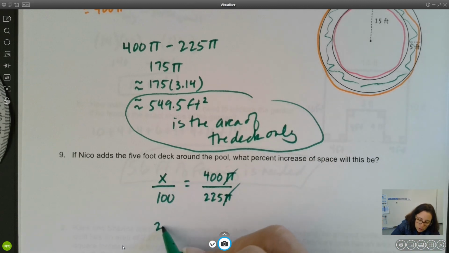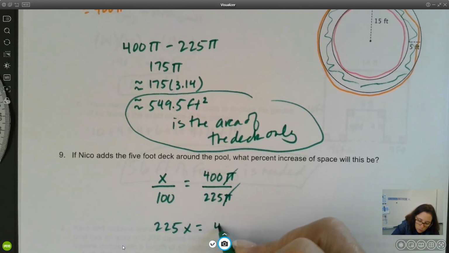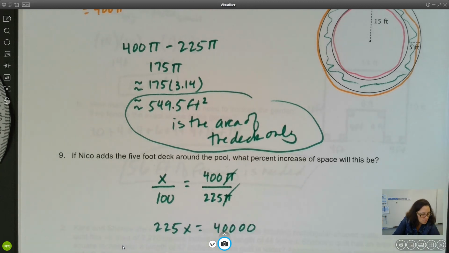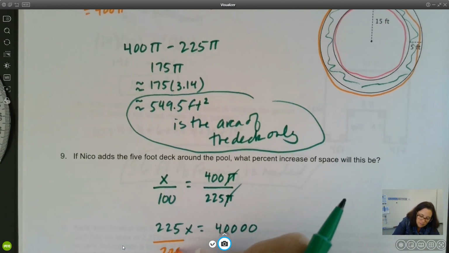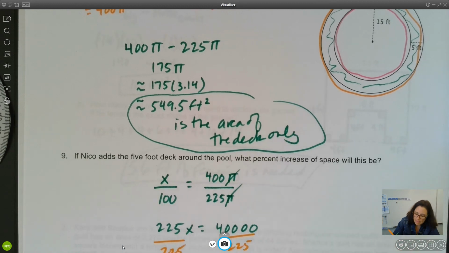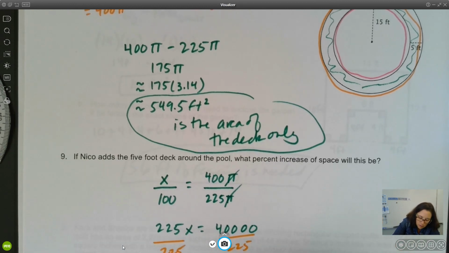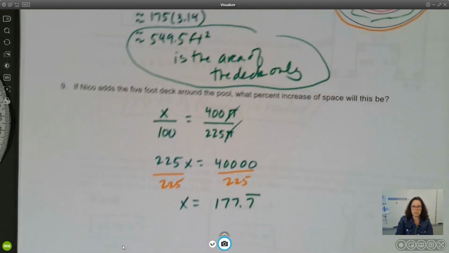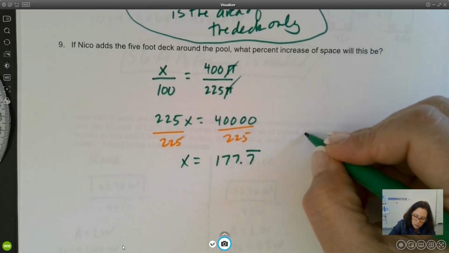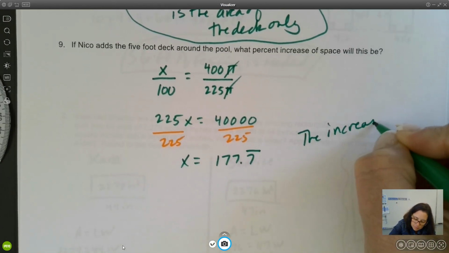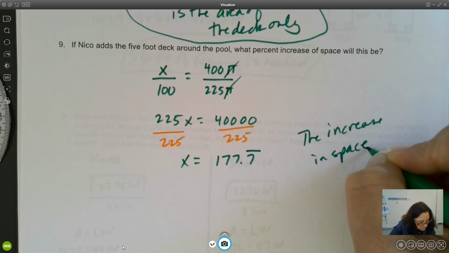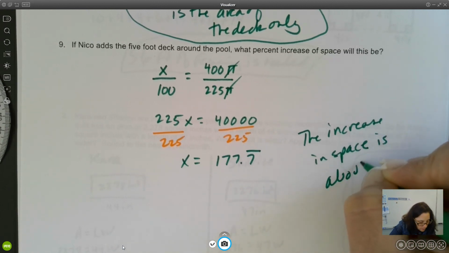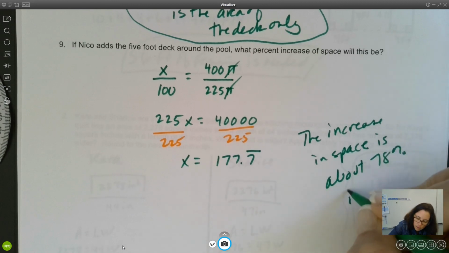So I'm left with 225x equal 400 with a couple more zeros. Divide by 225, and I end up with this ugly number, 177.7 repeating. Remember that x is the area with the increase. So the increase in space is about a 78% increase.